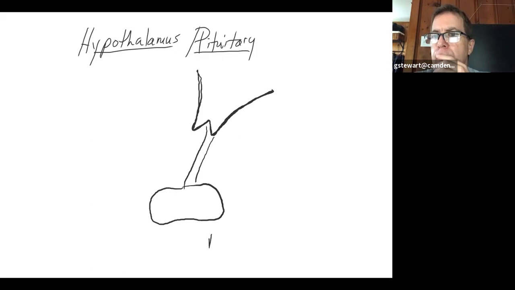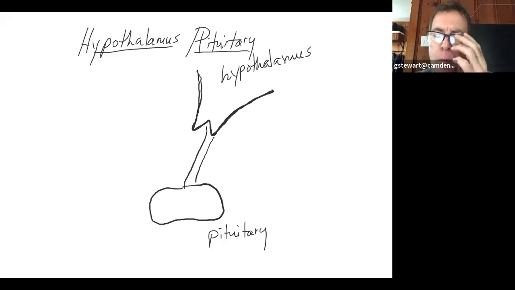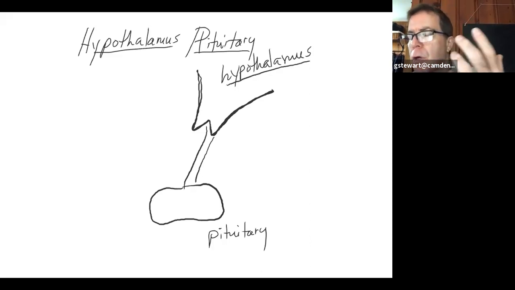So this is pituitary, hypothalamus. Like I said, I probably won't be able to do this whole lecture today. This is the major neuroendocrine gland in the human body that controls homeostasis.